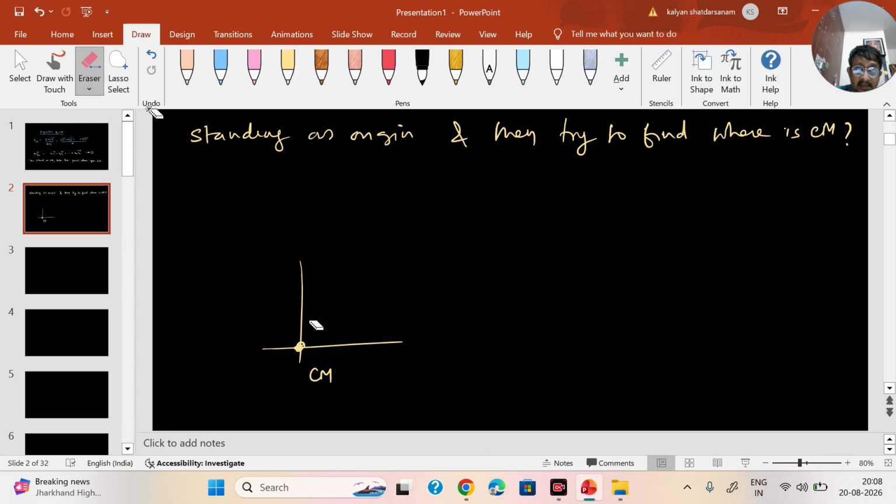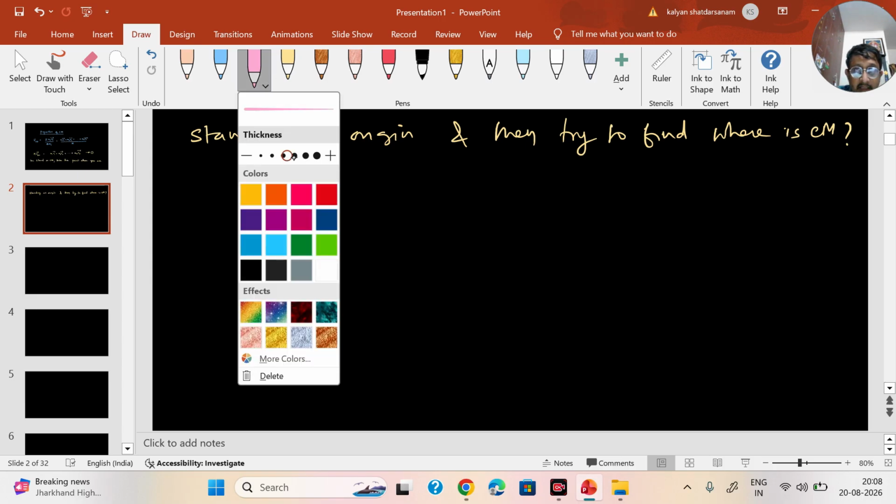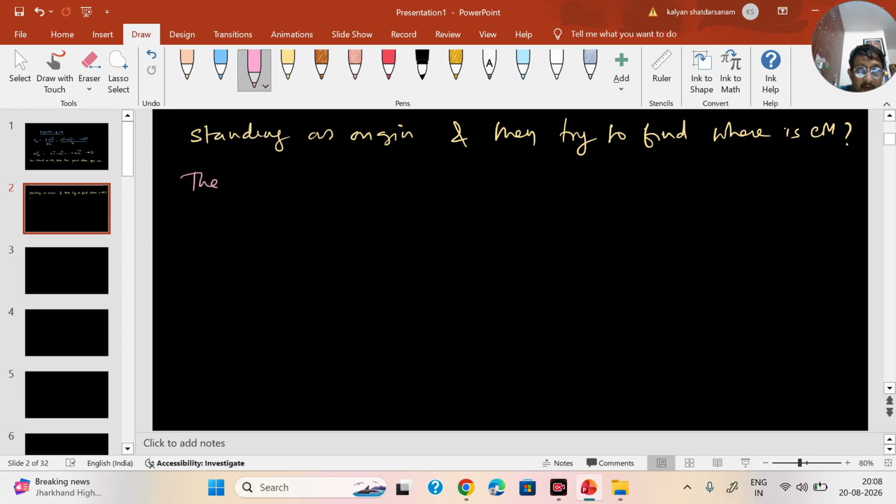So we write this statement in a very strange way. The position of center of mass in center of mass frame. So I am trying to find the position of center of mass in center of mass frame. Look at this word. What does that mean? That means you are taking origin at center of mass.